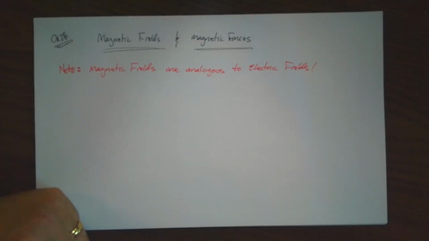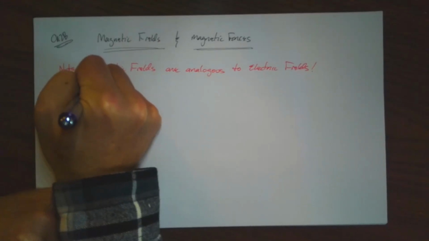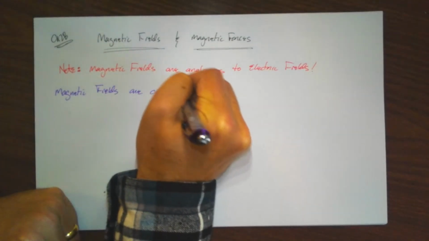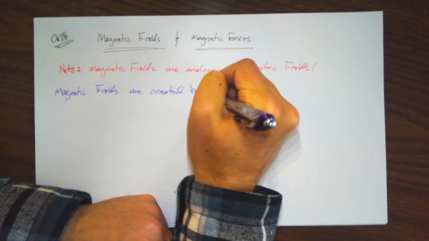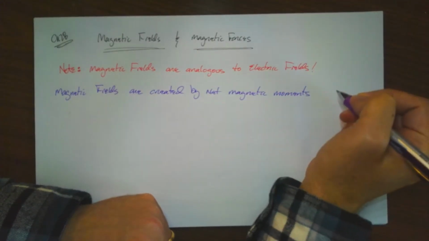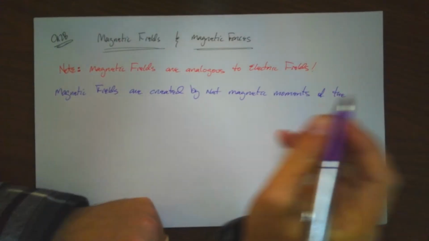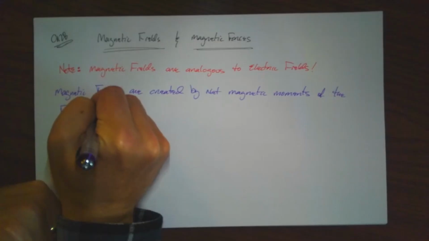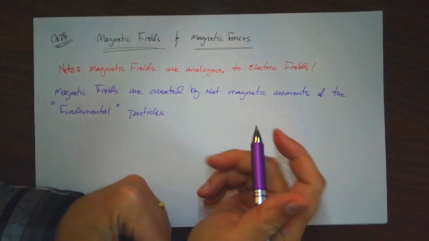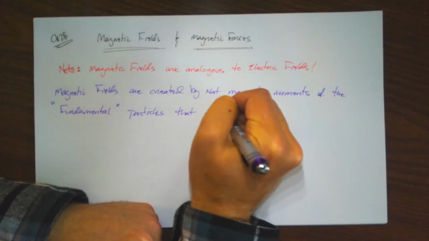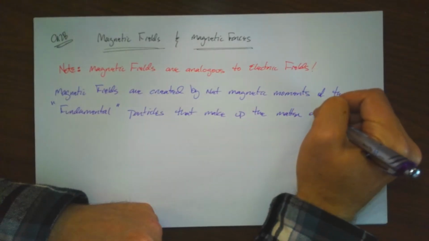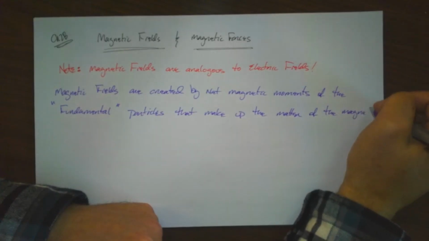And so what we get is that our magnetic fields are created by net magnetic moments of the fundamental particles that make up the matter of the magnet.